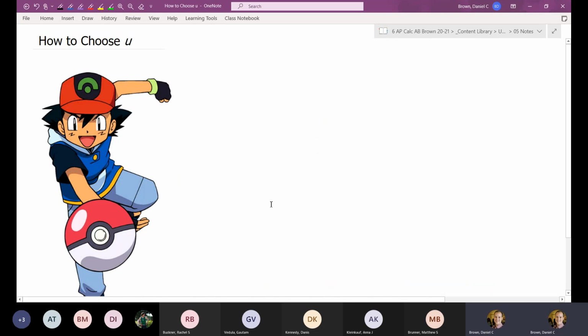These are not going to be steps. These are more going to be guidelines. I don't even want to call them rules. They're just kind of like, hey, if I'm trying to choose u, these are some things that I think about and consider. The first thing I consider is I'm going to choose a u that is inside another function.